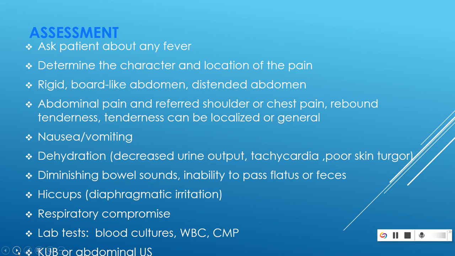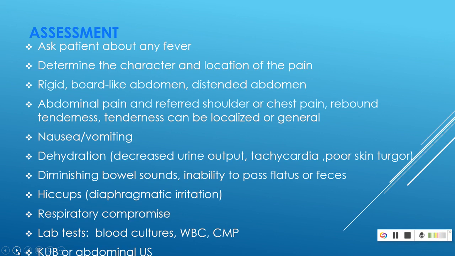Diminishing bowel sounds. Inability to pass flatus or feces. So again, we've got all this fluid coming into our peritoneal cavity. It's putting pressure against our colon. If we put so much pressure against our colon, we can't have peristalsis, or we slow peristalsis down. Then we're going to have decreased passing of flatus and decreased passing of stool.